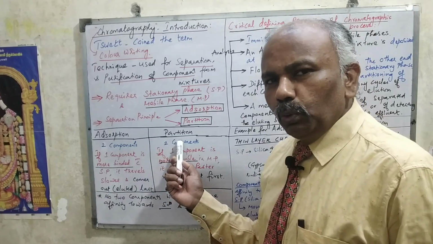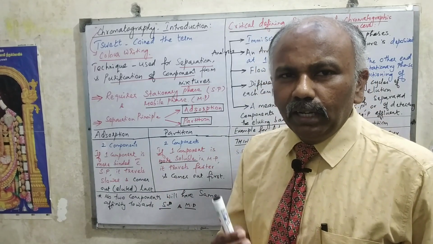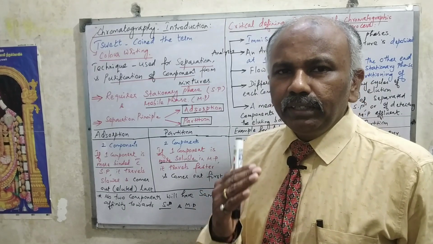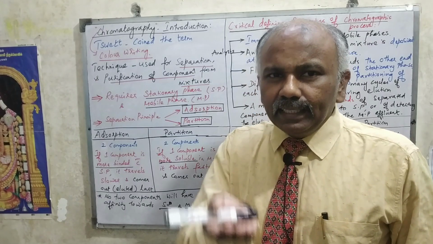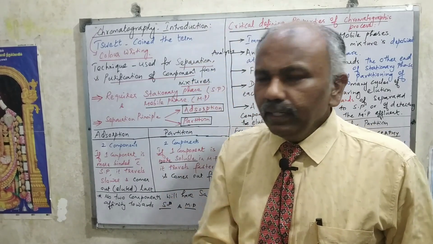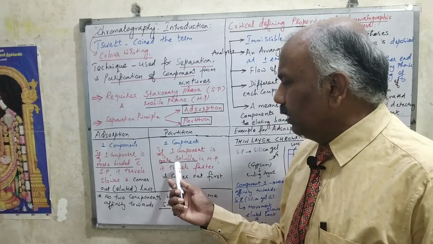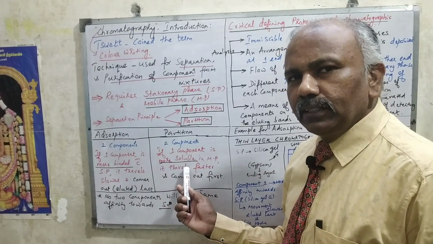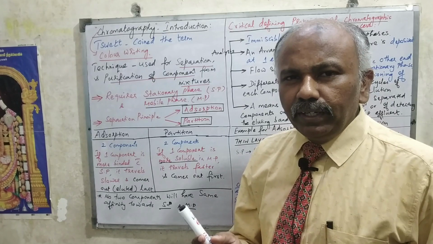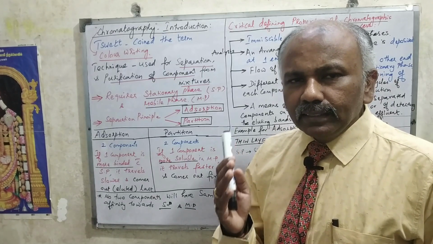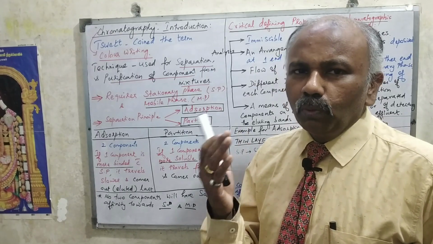Now, if you have 2 components, and one component has more affinity or more solubility in the mobile phase, that compound will travel faster and come out first, because the mobile phase carries the sample. It is having the movement, right? Whereas the component having lesser affinity or lesser solubility in the mobile phase will travel slower and come out last.